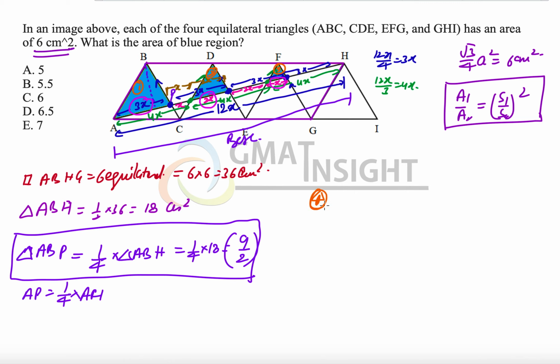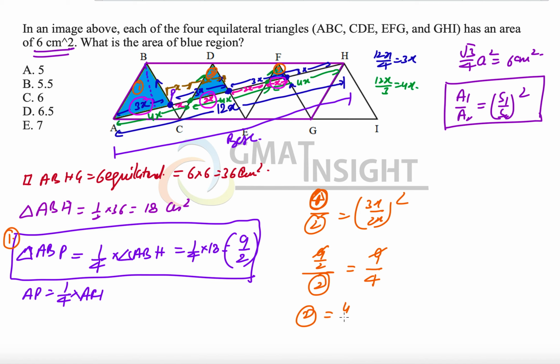So area number 1 divided by area number 2 will be equal to (3x over 2x) whole square, and we know area number 1 is 9/2. So 9/2 over area number 2 is equal to 9/4. So we cancel out the 9, so area number 2 becomes 4/2, that is equal to 2. This is the second blue triangle.